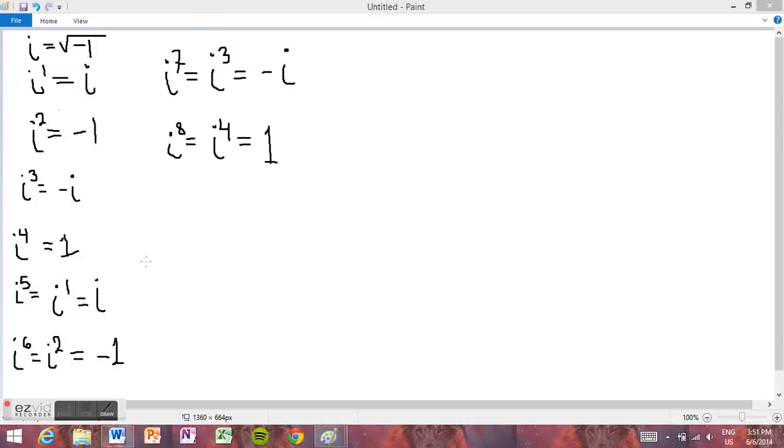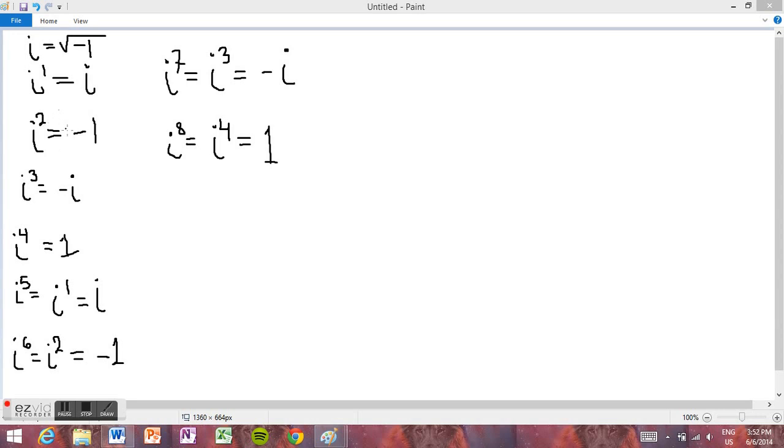Okay, so I'm going to show you when i's are powered. So we know that i equals the square root of negative 1. And we can see that i to the power of 1 equals i, and i to the power 2 equals negative 1, and i to the power 3 equals negative i.